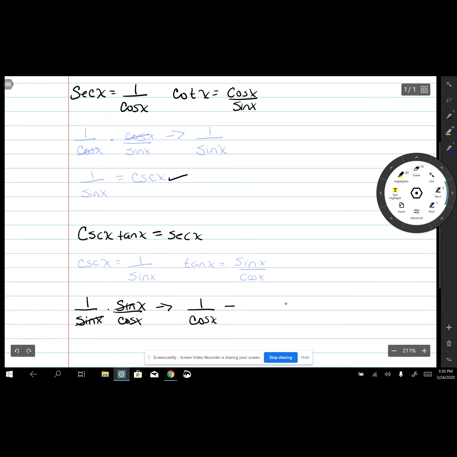And using my fundamental trig identities, I wind up with secant x, which is what we started with. Okay? So that is the first type of problem that you're going to wind up seeing. Not too bad, hopefully. So let's move on to example 2.